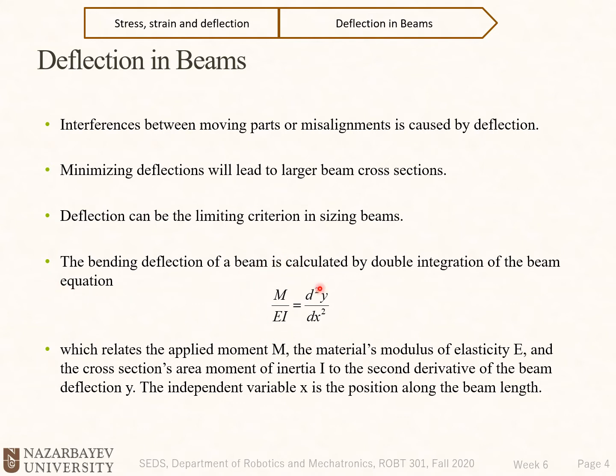So here, M divided by EI is equal to the second derivative of y with respect to x.